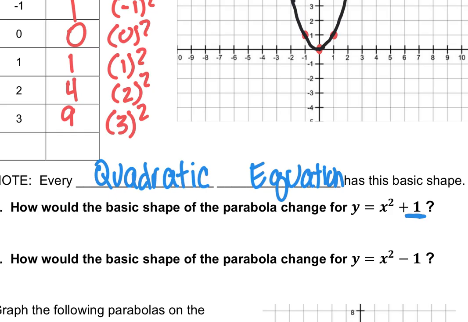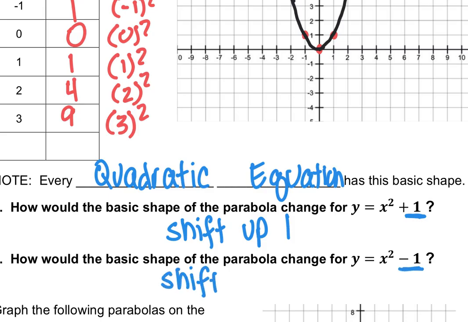Does that mean we're going to go up or down 1, or left or right 1? Yes, we will shift up 1. So let's write that down. Shift up 1. Our parabola will shift up 1. And number 2, how would the basic shape of the parabola change for y equals x squared minus 1? Right, shift down 1. Very good.